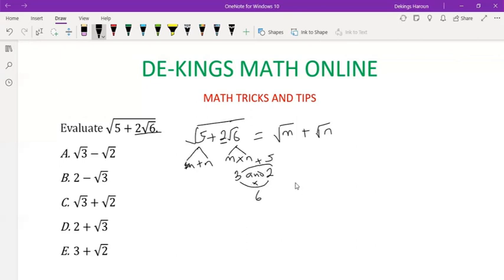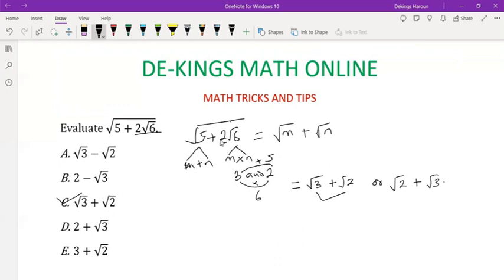So therefore, we can say that the solution to this problem is simply root 3 plus root 2. So that is the answer. Or you can write it as root 2 plus root 3. So the correct answer to this question is option C, root 3 plus root 2.